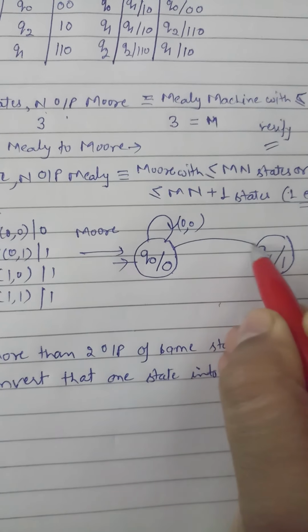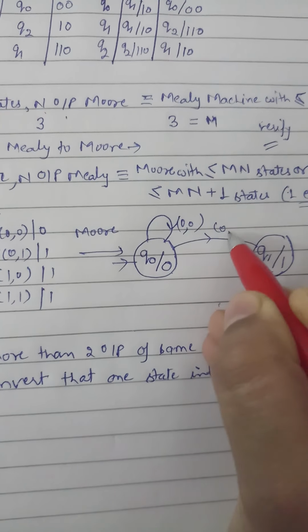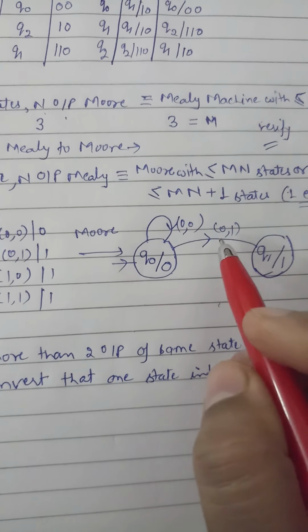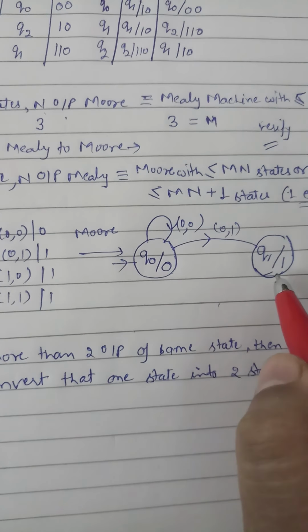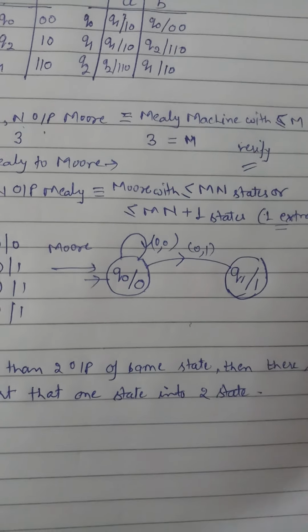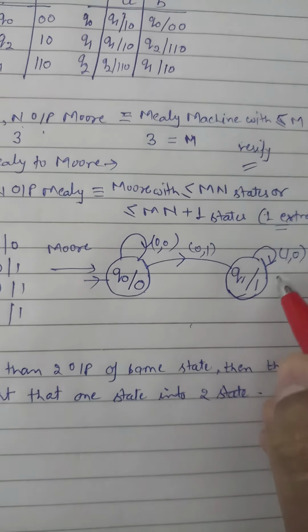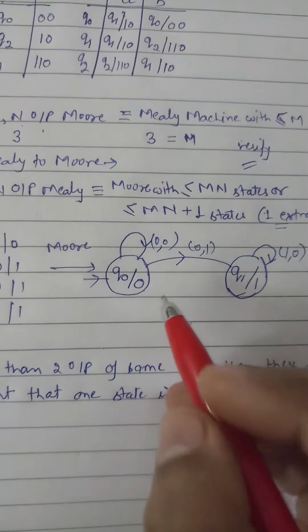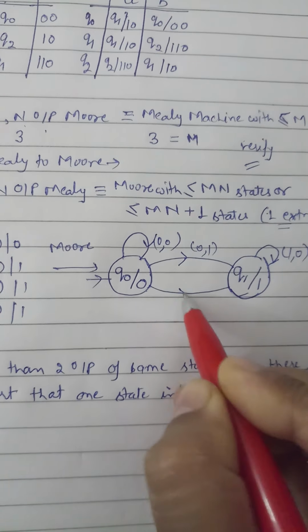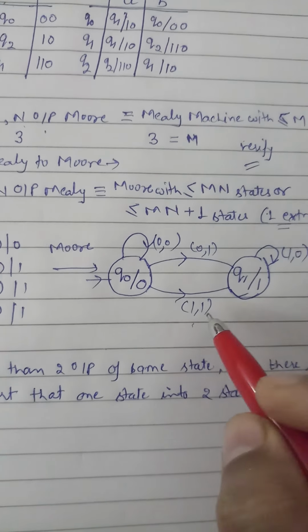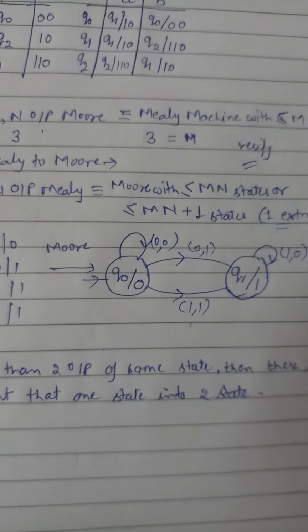If we have 0 1, we have 1 output. If we have 1 0, then we have 1 output, and if we have 1 1, then we have 1 output.